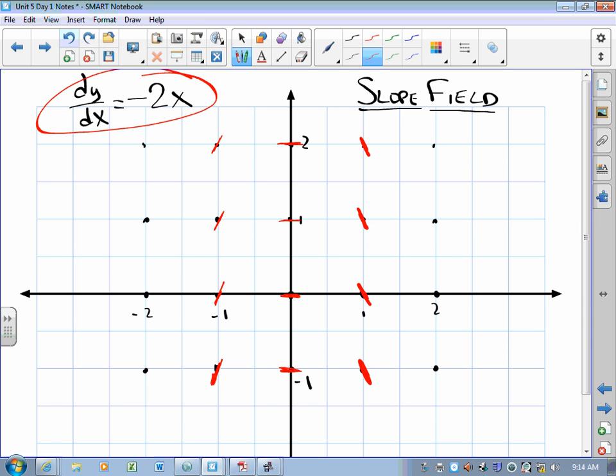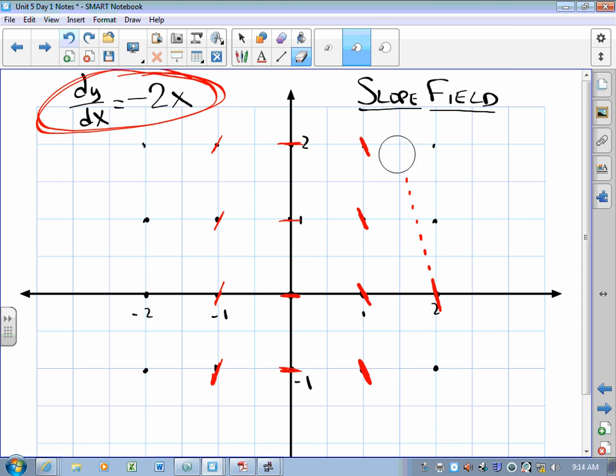When x equals 2, what is the slope of the tangent line? The slope of the tangent line is -2 times 2. That's -4. Now, -4 has that sort of a slope, so you're looking at something much more vertical looking.